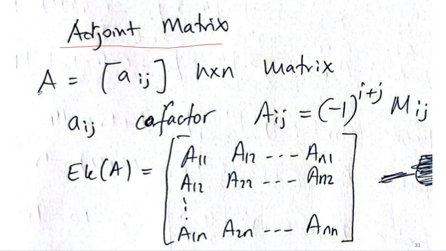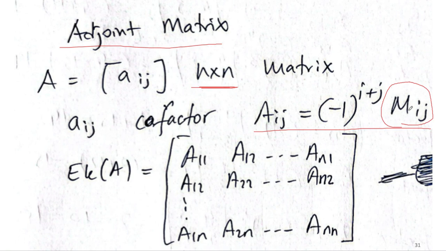And suppose we have the matrix A, which is m by n. And then the adjoint is defined in terms of these A, I, J values. And here you can notice that we have this M. These M are actually the minors.